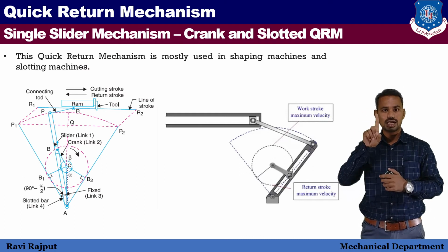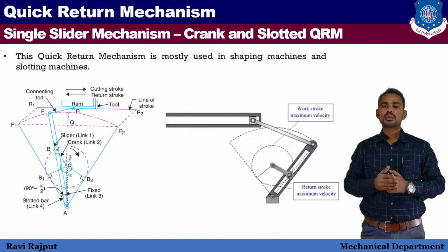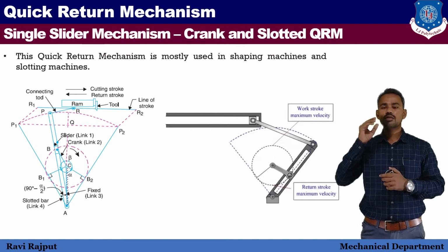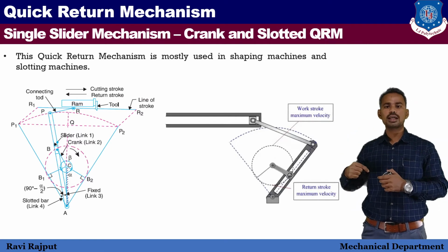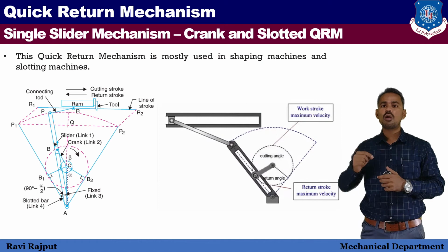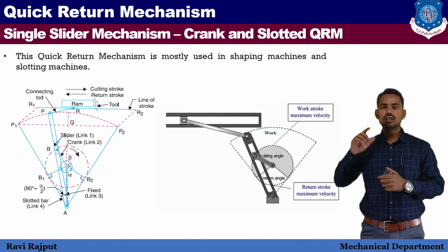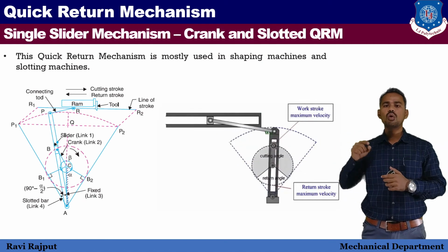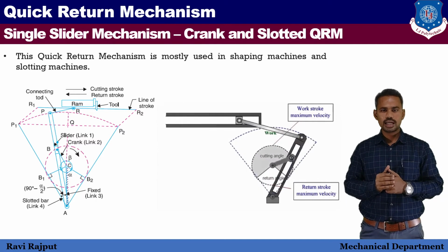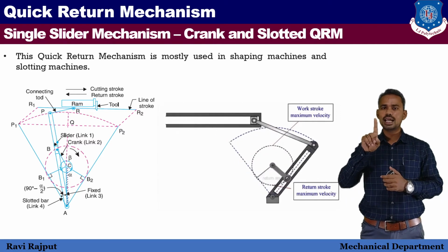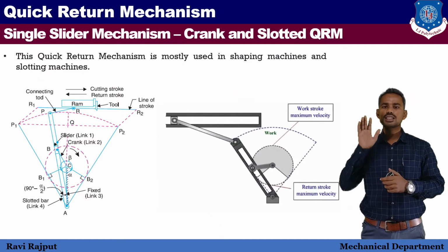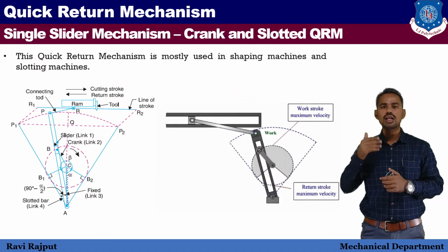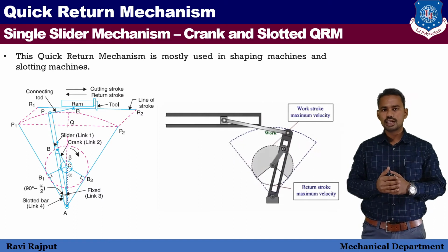Further, the slotted bar will be connected to the fixed link, which is forming a turning pair. In this way the whole chain is completed, and there is one sliding and three turning pairs. That's why we call it a single slider mechanism, or an inversion of the single slider mechanism.